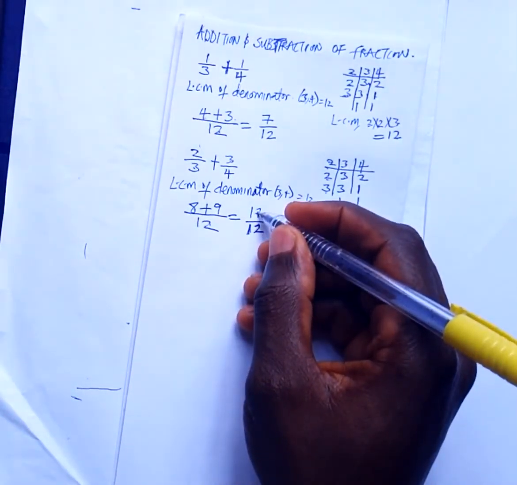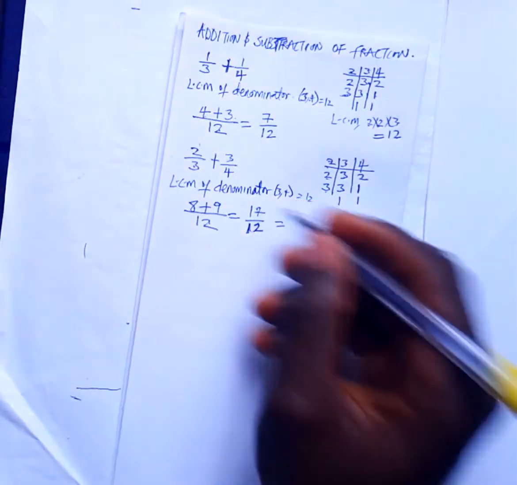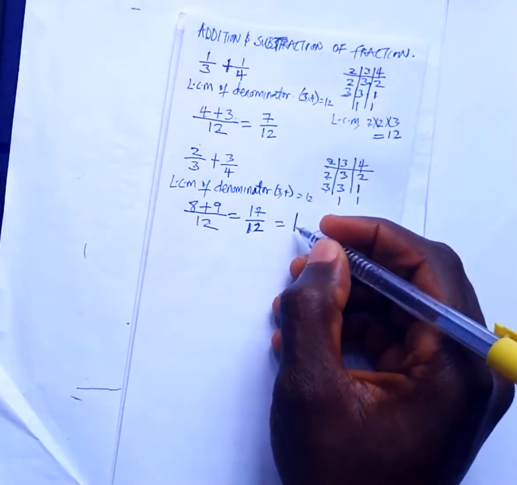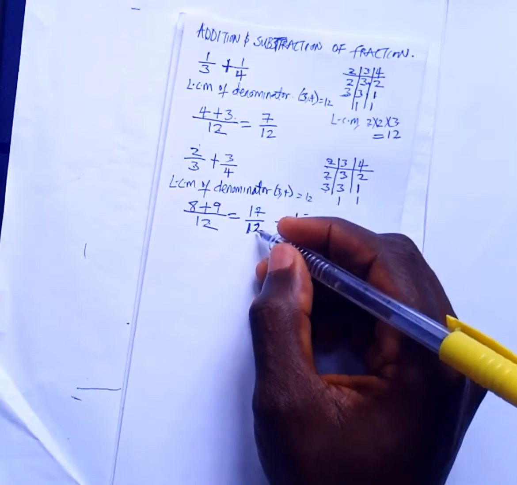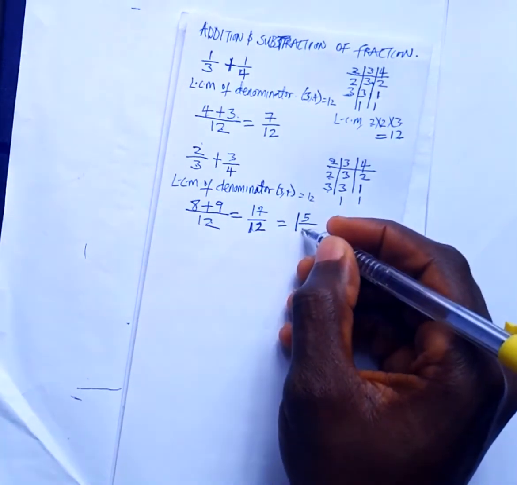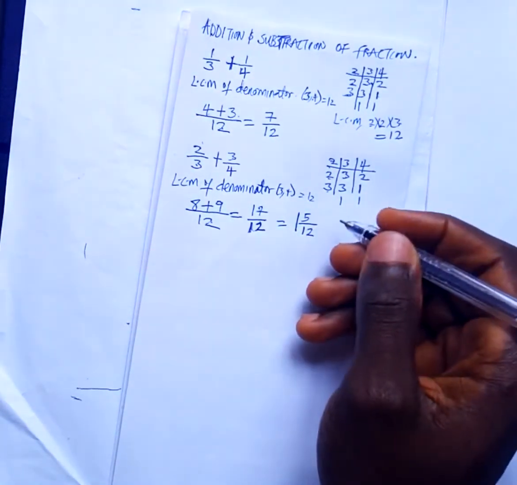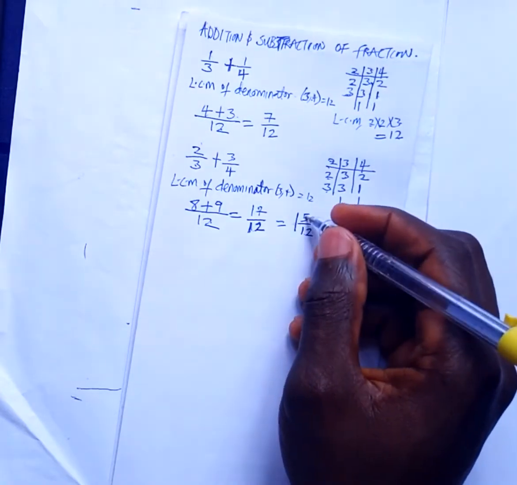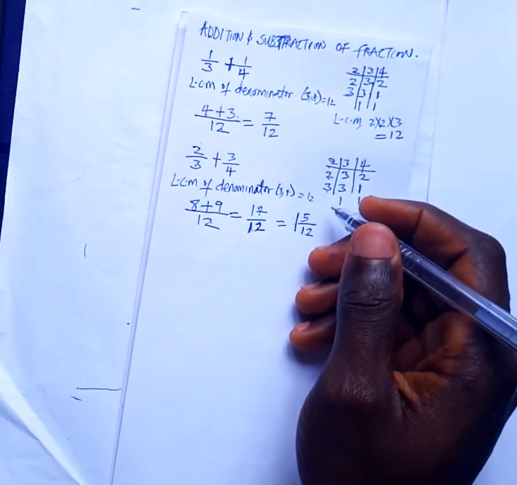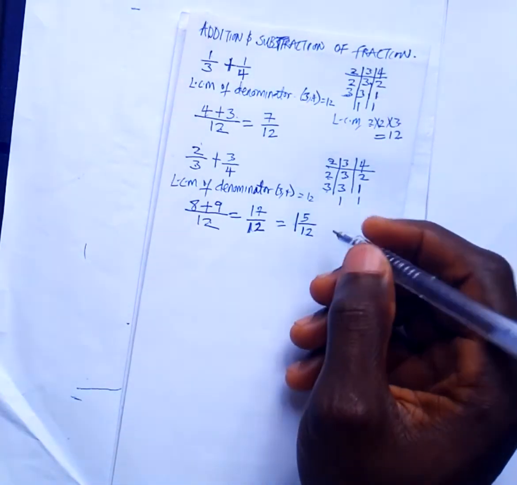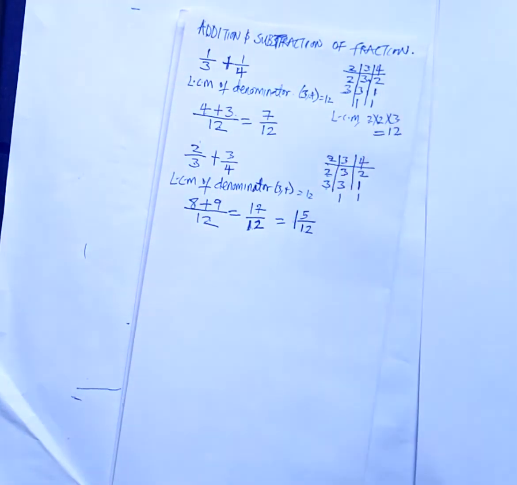Big one is up, small one is down. So 12 in 17, we have 1. Remainder 5. 17 minus 12, 5. So 1 and 5 over 12. If you have to convert it back again, 12 times 1, 12 plus 5, we have 17. So this is how to solve for addition of fraction.